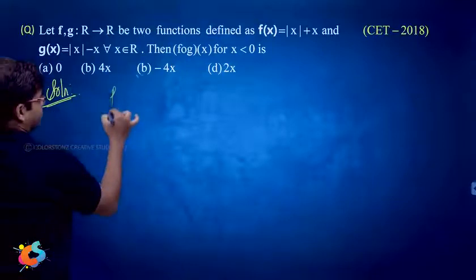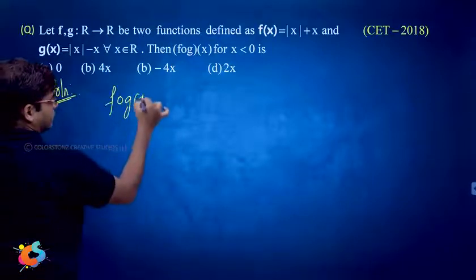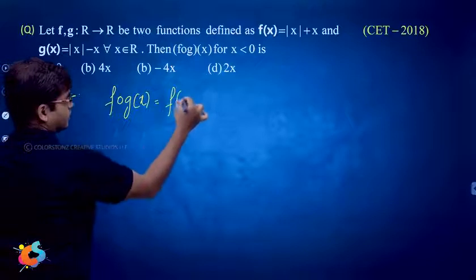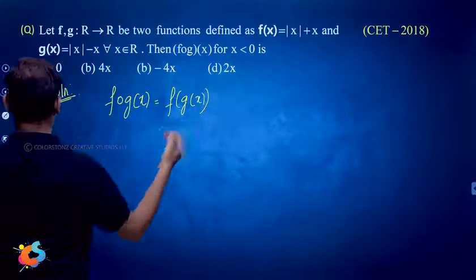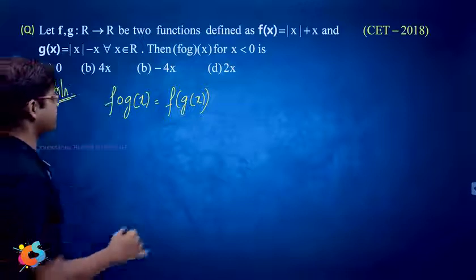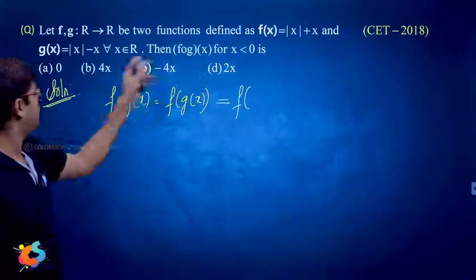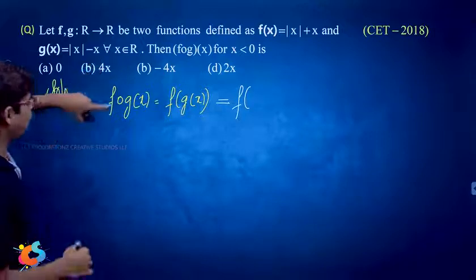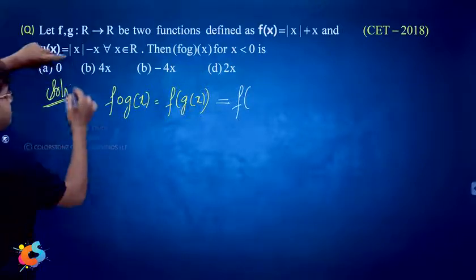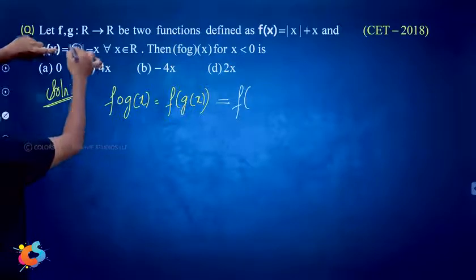So f circle g of x is equal to f of g of x. After this, f of, what is g of x? That is nothing but mod x minus x. We want to find when x is less than 0. If x is less than 0, then inside thing is negative.